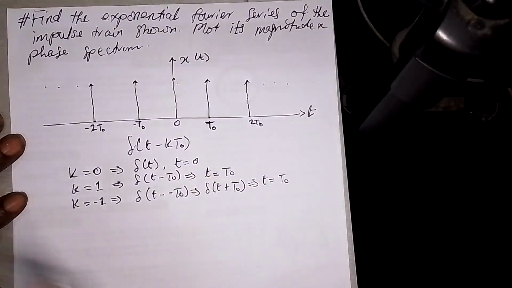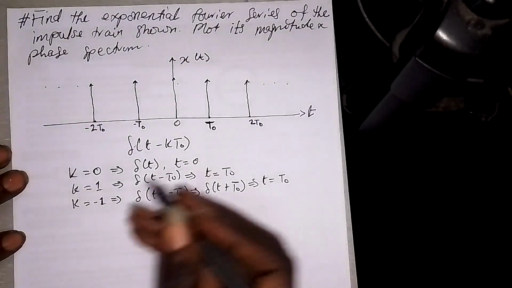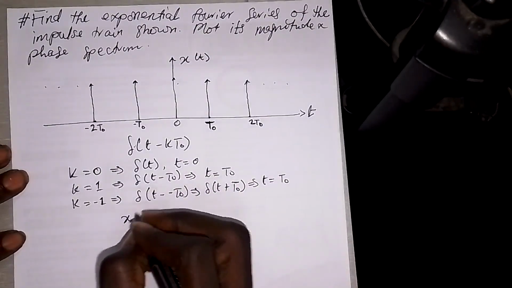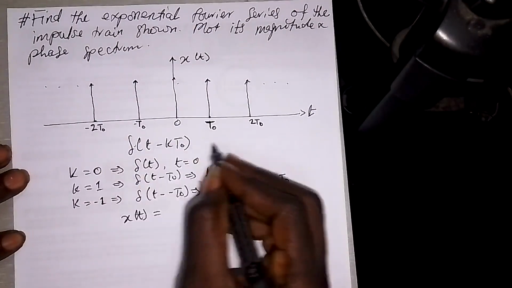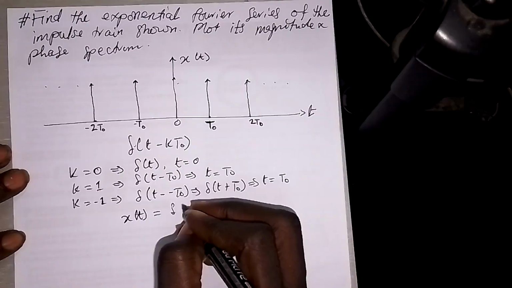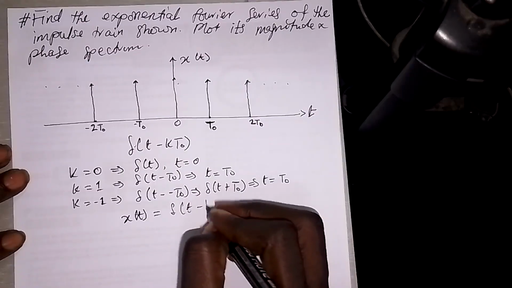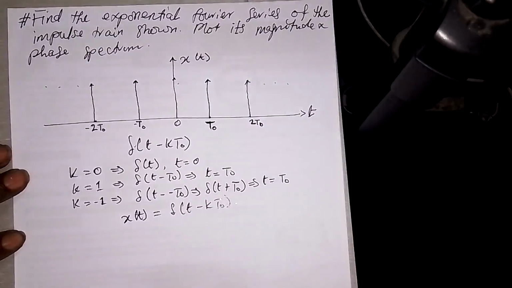So it goes on and on for all the impulses within the train. In this case, our x of t becomes this impulse train function, which is the summation of delta of t minus k t naught. That's our impulse train function.